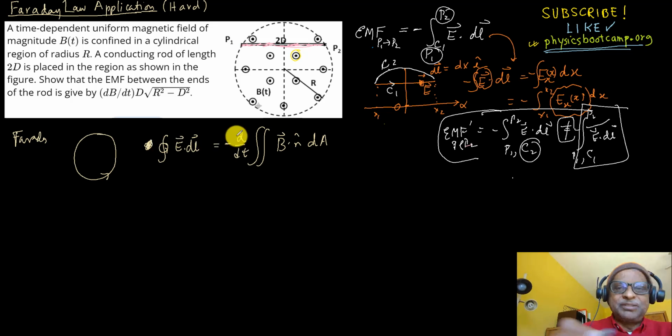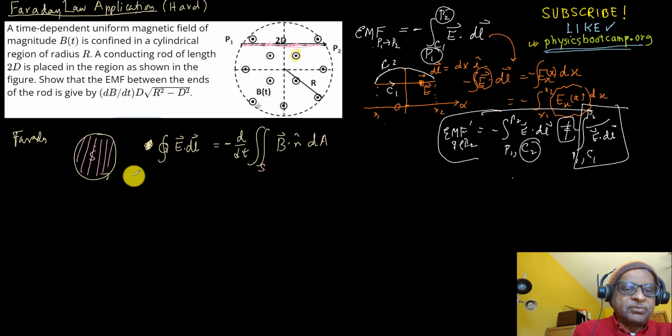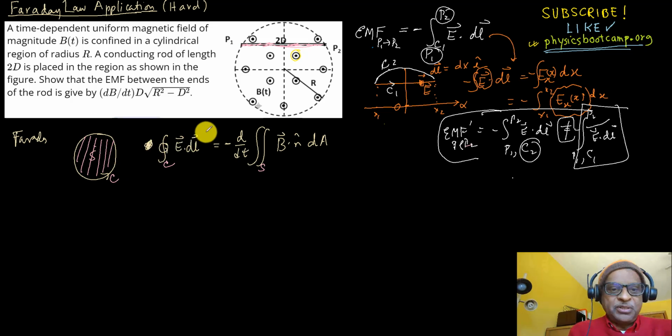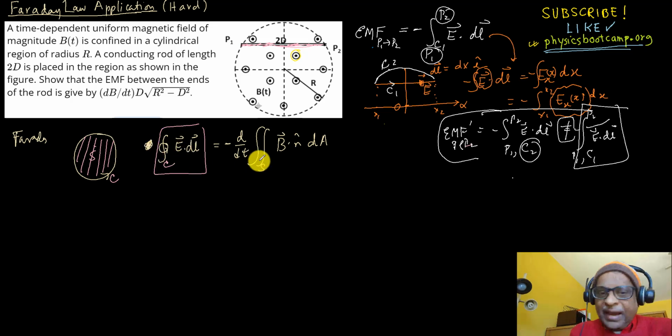That's a normal thing to do. And what is this? This is over the surface, this surface. That's the surface, and this part is going around this loop. So let's first figure this out and see if we can use that knowledge to figure out the electric field.